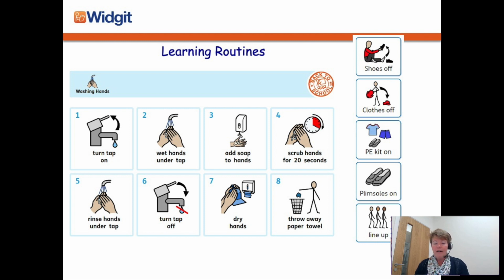Those of you that are eagle-eyed may have used our software before. The symbols for shoes off and clothes off on the right-hand side strip, you can change the colours of symbols. So we can change it to the colour of school uniform to make it really relevant and appropriate, particularly for those individuals that are very literal.